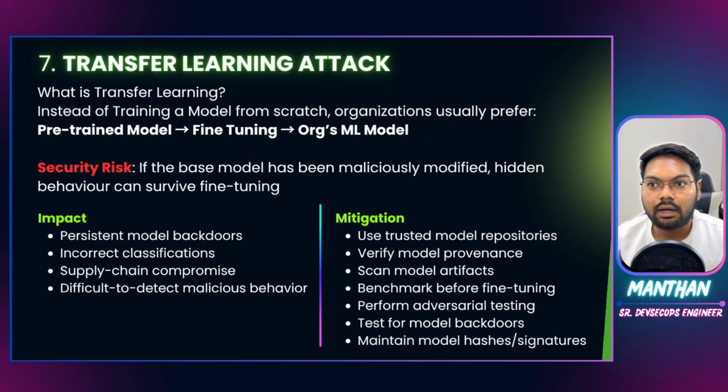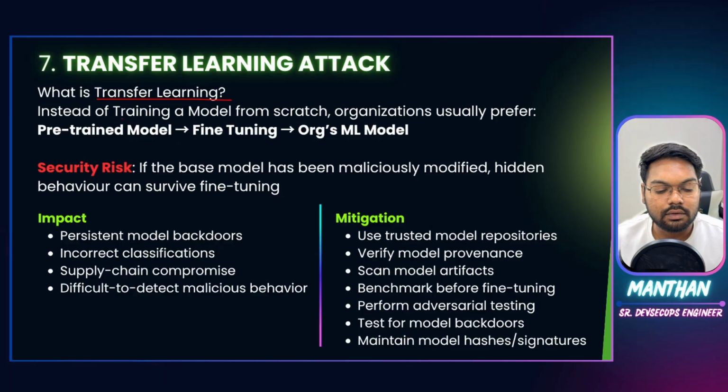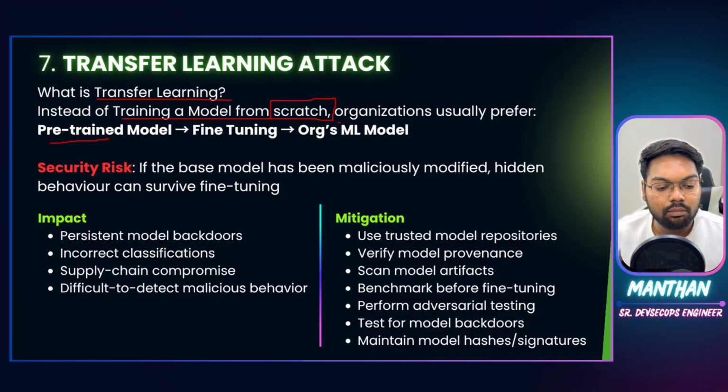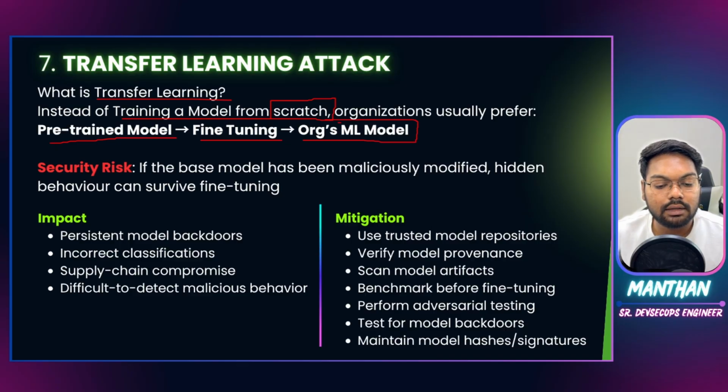Next is transfer learning attack. Let's first see what transfer learning is. Instead of training a model from scratch, as we earlier discussed, large organizations try to build on a pre-trained model. They fine-tune it and then declare it as an organizational machine learning model.